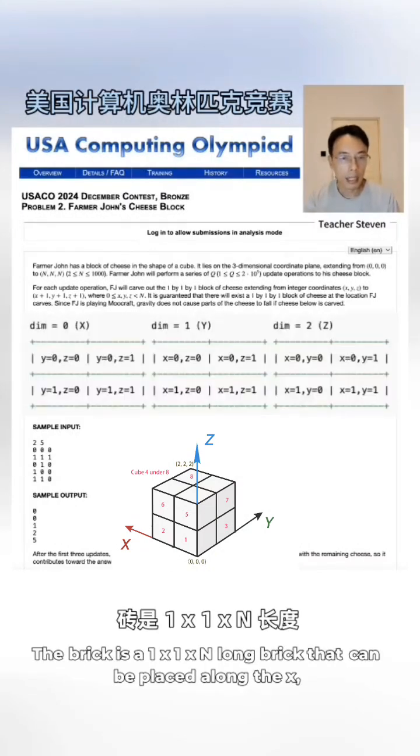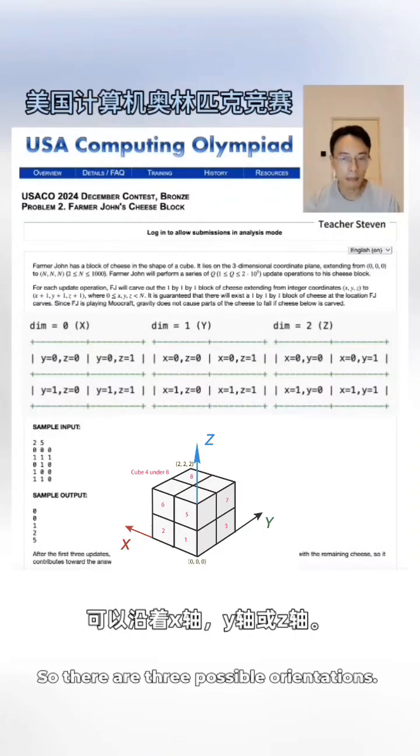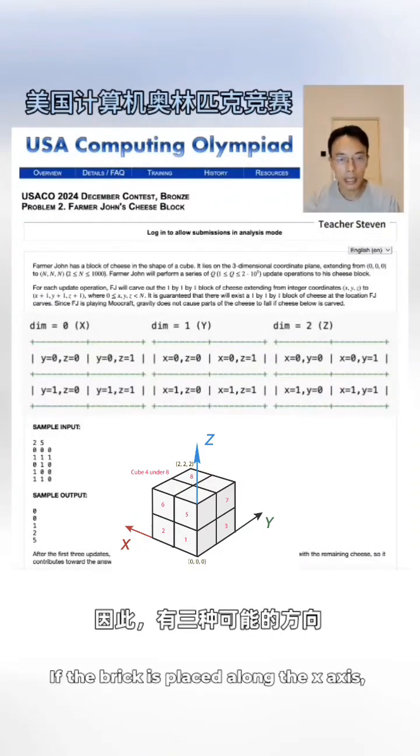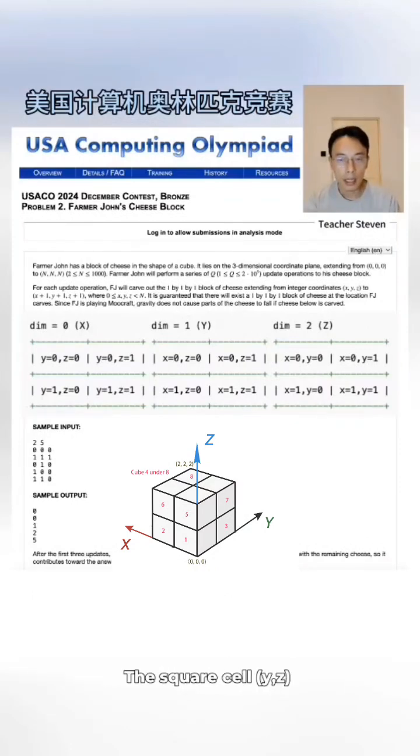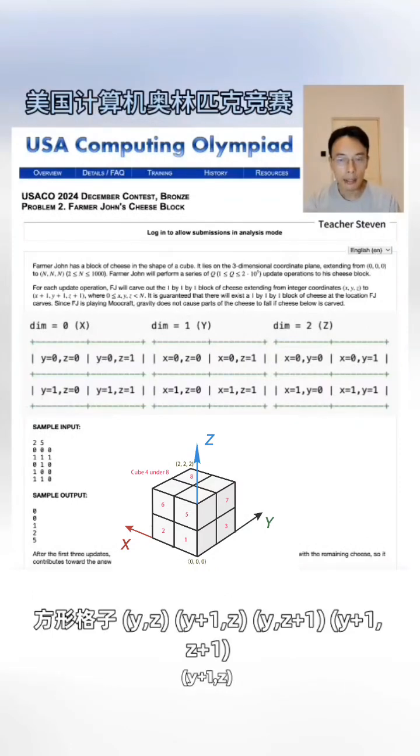The brick is a 1 by 1 by n brick that can be placed along the x, y, or z axis. So there are 3 possible orientations. If the brick is placed along the x-axis, it requires the square cells on the yz plane: the square cells y, z; y plus 1, z; y, z plus 1; and the last point, y plus 1, z plus 1.